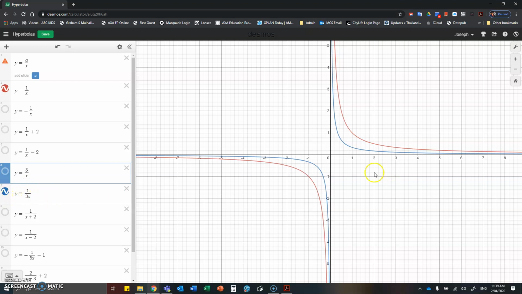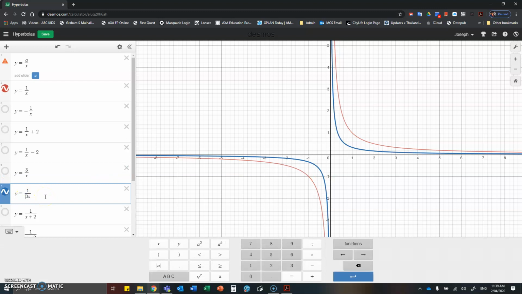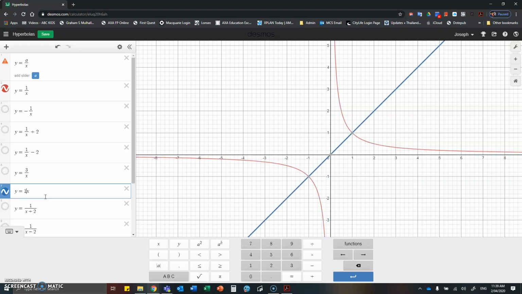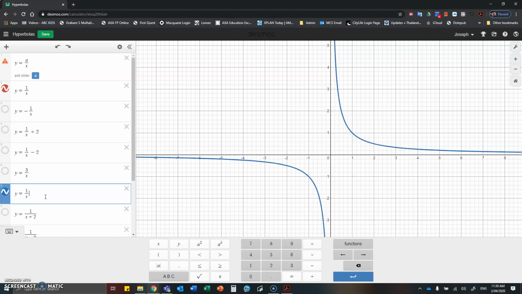So we're making it even smaller, it's making it skinnier. So it's less than 1, it's going to make it narrower. We can change this value to a 4, 5, 6, 7, and we can make that an 8, and you'll see that it gets very skinny compared to 1 over x.